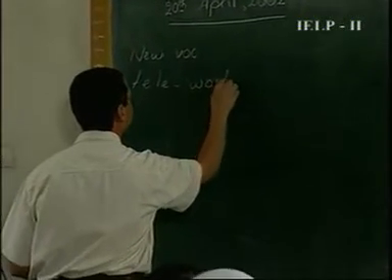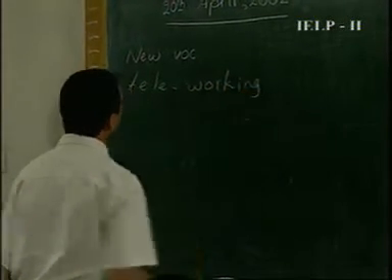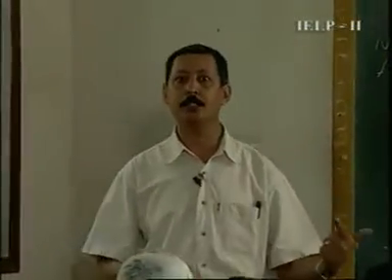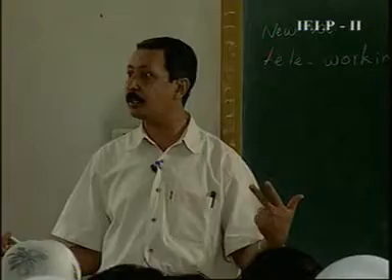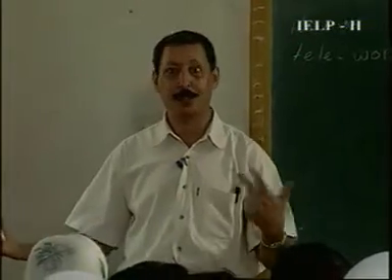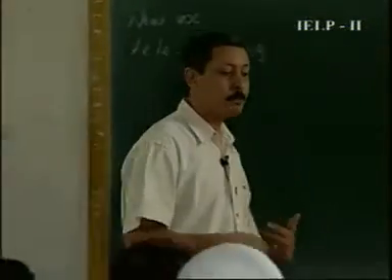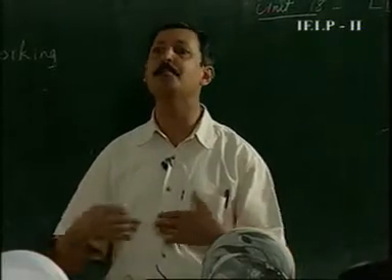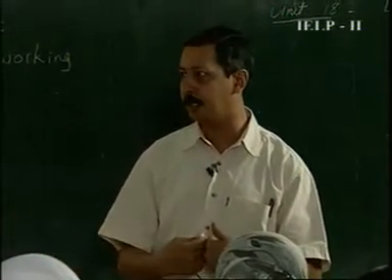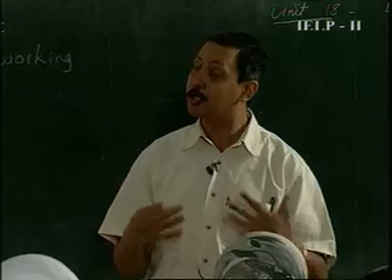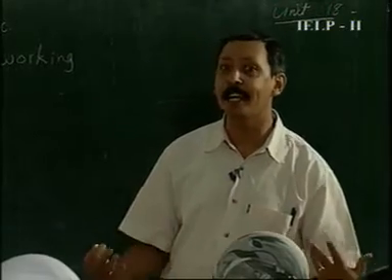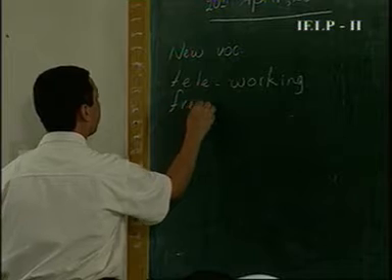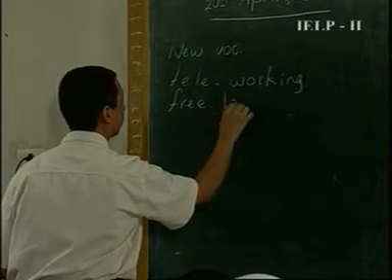Because you may depend on your telephone, your computer, the internet, and do your work without going to an office. Right? Okay. And some people can do work for different companies, many companies at the same time. And we call them freelancers.